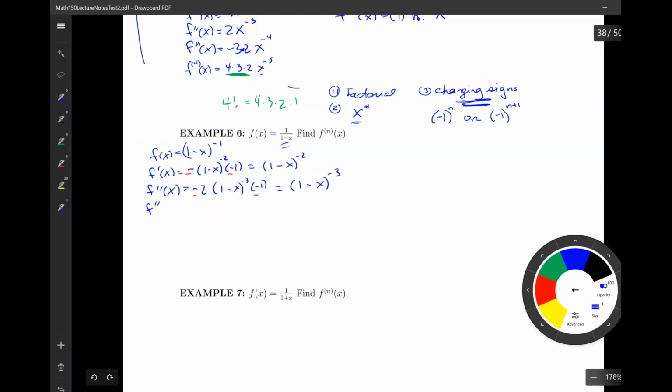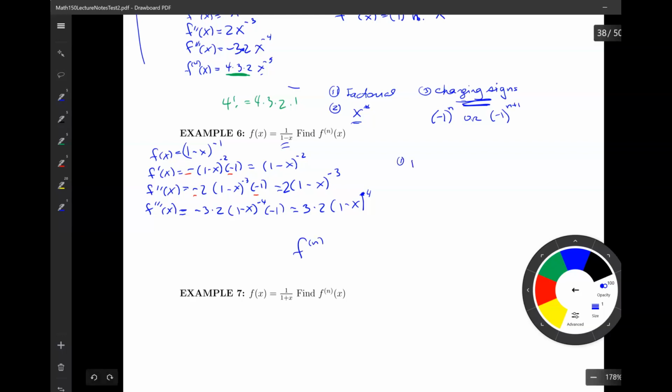All right, third derivative. Bring the negative, whoops, I dropped my 2. Here we go, so the positive, but I forgot the 2. So now I bring this down, so I have a negative 3 times the 2, 1 minus x to the negative 4 power times the negative 1. Again, fix the negatives. So I think I see a pattern. So let's check out the number of things I see.